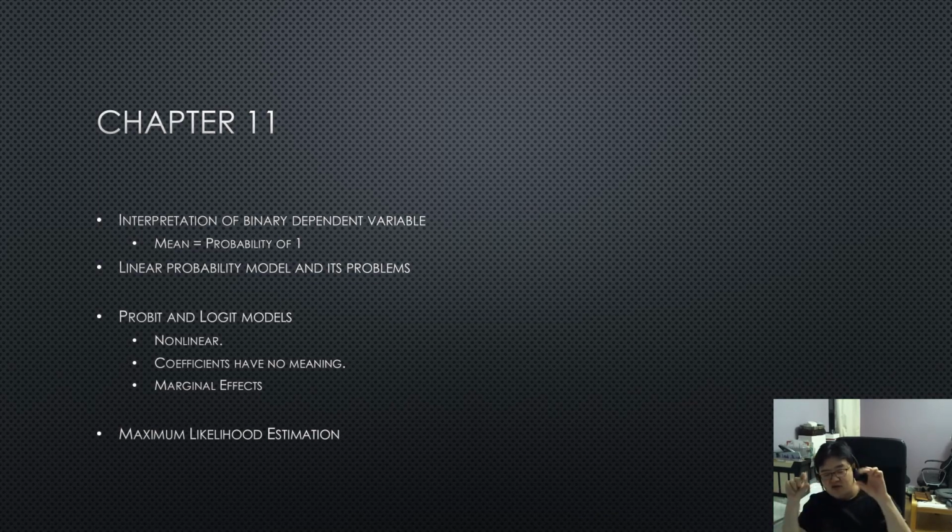So say there is a linear index, and in the second step, given the linear index, the outcome's probability is determined. If the linear index is large, you get a higher probability, and if the linear index is low, you get a lower probability. The probability has direct meaning; that's what we are interested in.